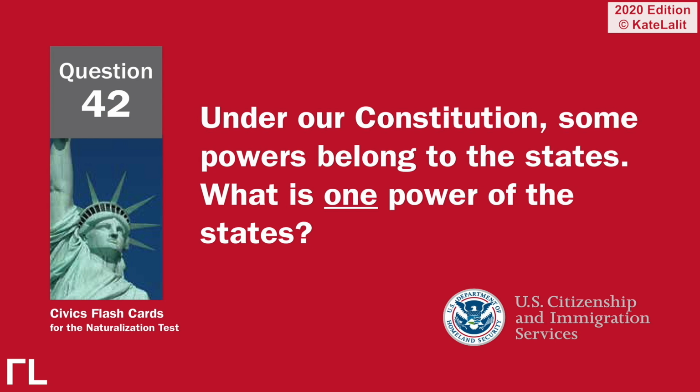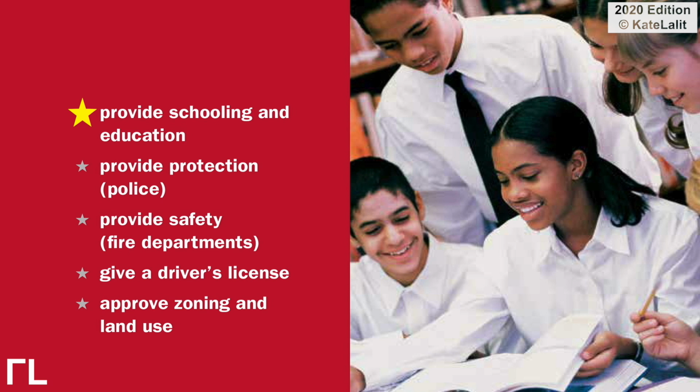Under our Constitution, some powers belong to the states. What is one power of the states? Provide schooling and education. Provide protection, police. Provide safety, fire departments. Give a driver's license. Approve zoning and land use.